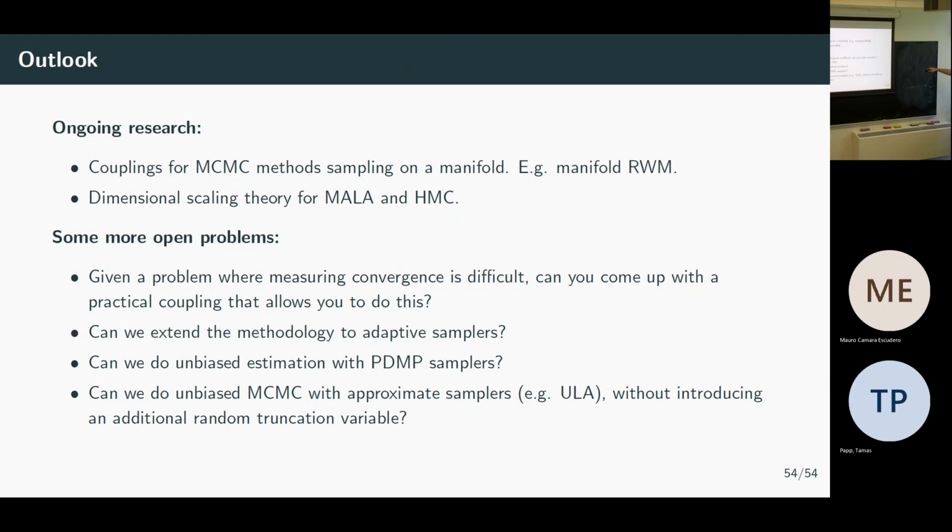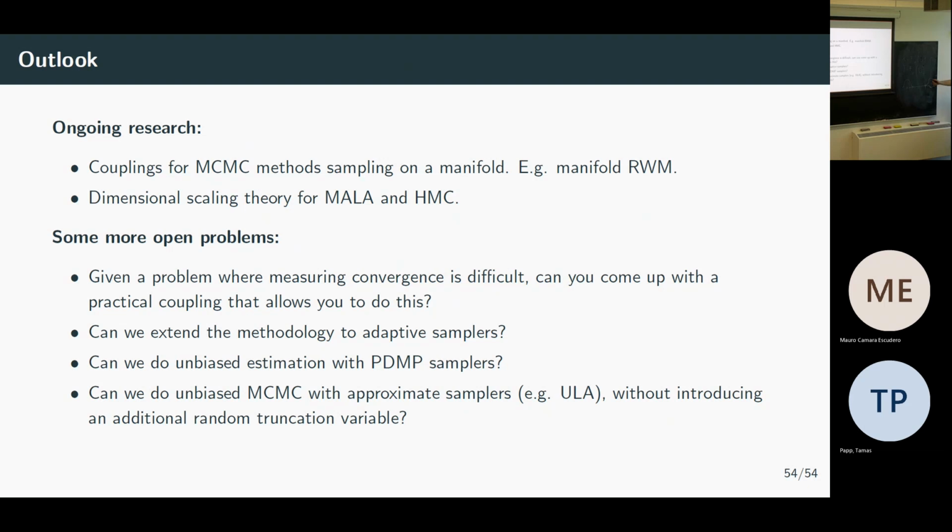So it'd be interesting to see if you could extend it to be compatible with that. Obviously, more complicated algorithms: can you do unbiased MCMC with PDMPs? I don't know. Coupling PDMPs seems pretty awkward, especially getting the exact meetings right.